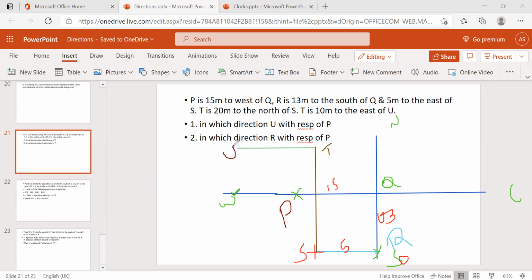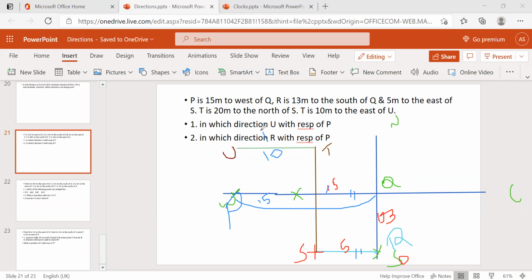Just remove the P here and place P here. This will be P, because 15 meters, and this will be 5 meters, this will be 10 meters. This is 10 and the total is 15. And this is nothing but 5. This and this will be the same.